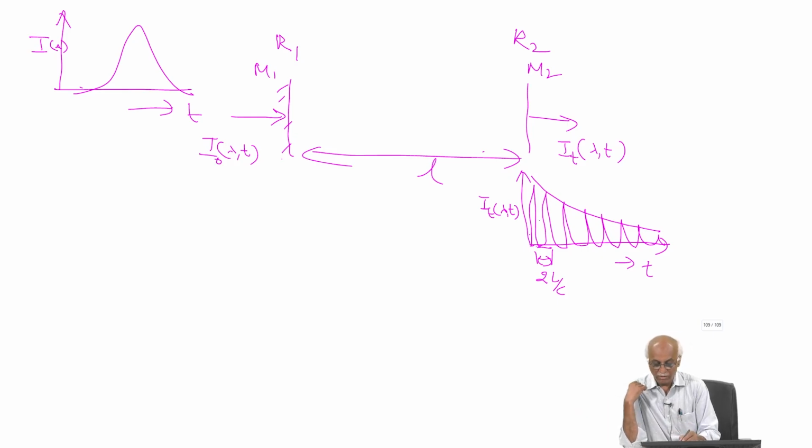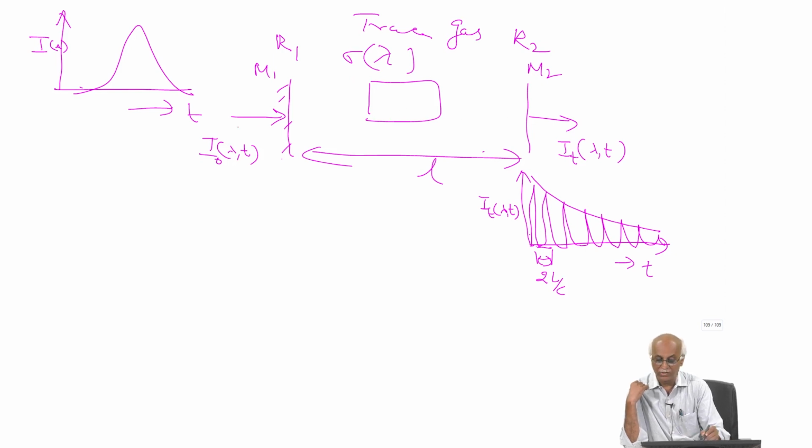Now, if I fill this cell with a trace gas with cross-section sigma lambda, whose absorption band is matching with this input wavelength, what will I observe in terms of decay characteristics?